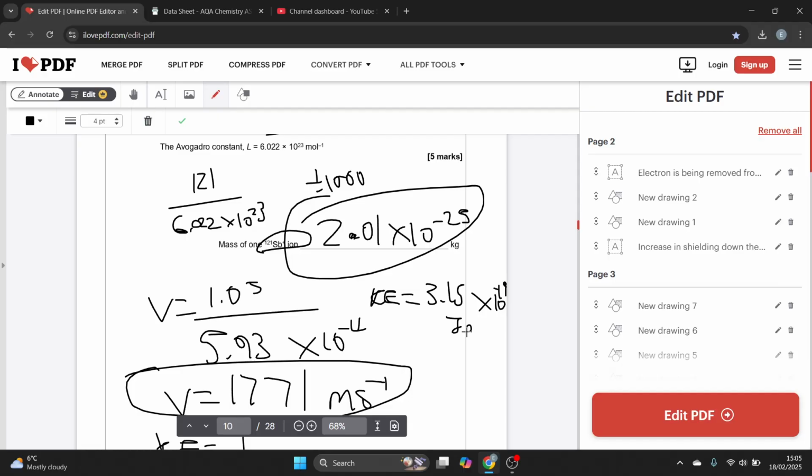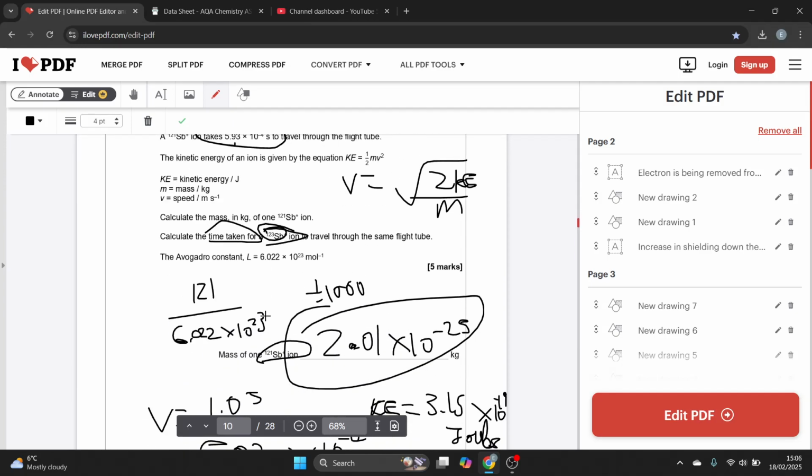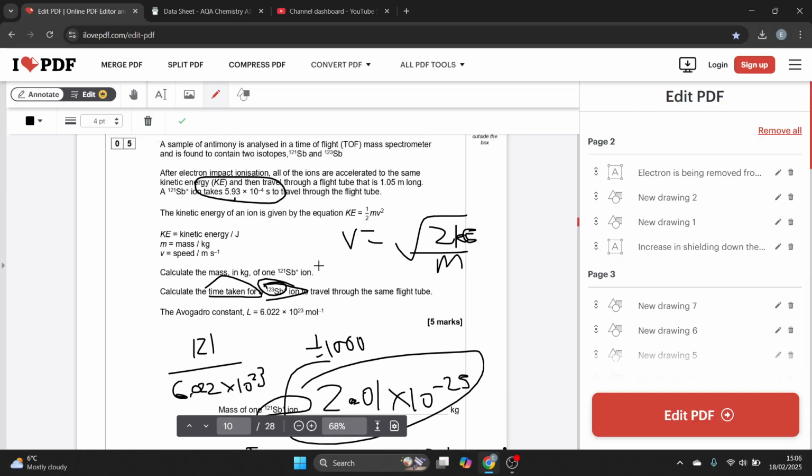Now that I've got the kinetic energy, I can work out the velocity for the 123 species with the plus sign. I rearrange the equation, so velocity equals the square root of 2KE divided by m. Now m is the same method I did for the first part, 123 divided by 6.022 times 10 to the power 23, divided by 1000, or that times 1000.